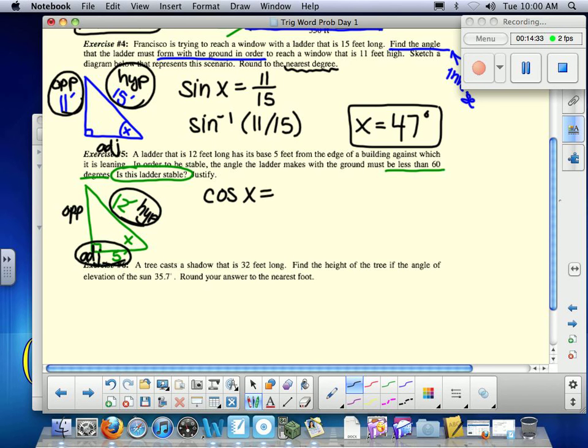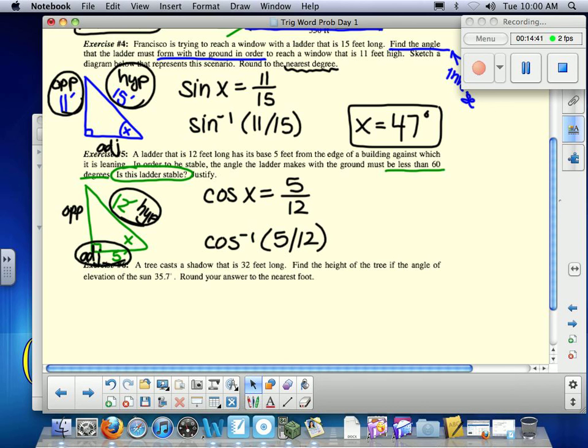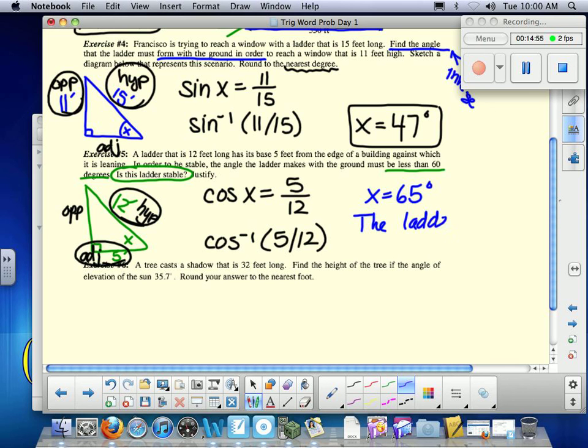Sooner or later you had to get it right. What did we get? 65. So this ladder is not stable.